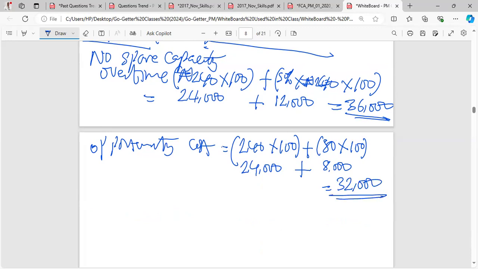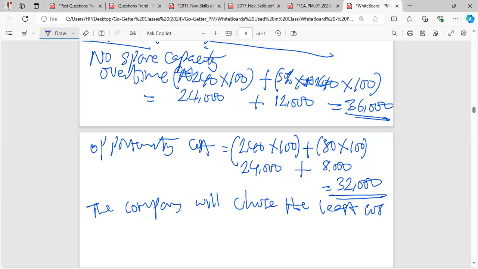So the company is faced with two choices. The company will choose the least cost, which is 32,000.